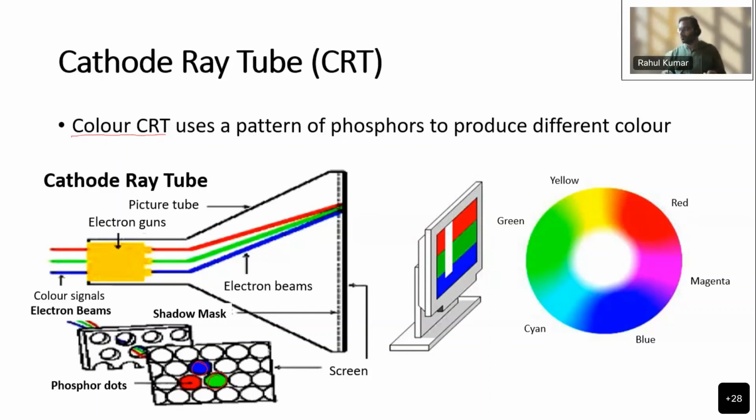So if you want to produce a yellow color on the screen, you can combine the green and the red. No electron will be hitting the blue phosphor area. So that's how you can produce different colors on the screen.